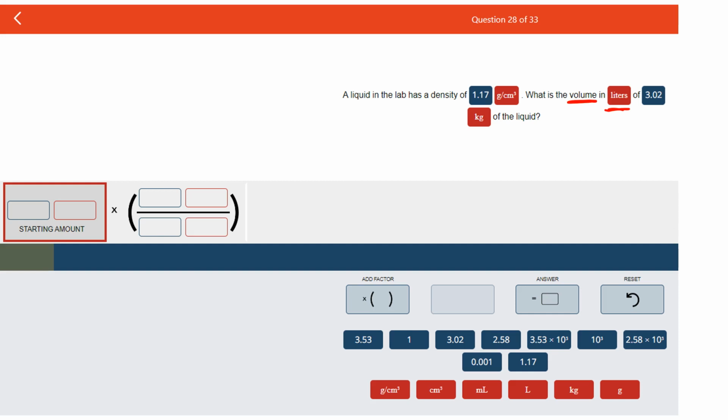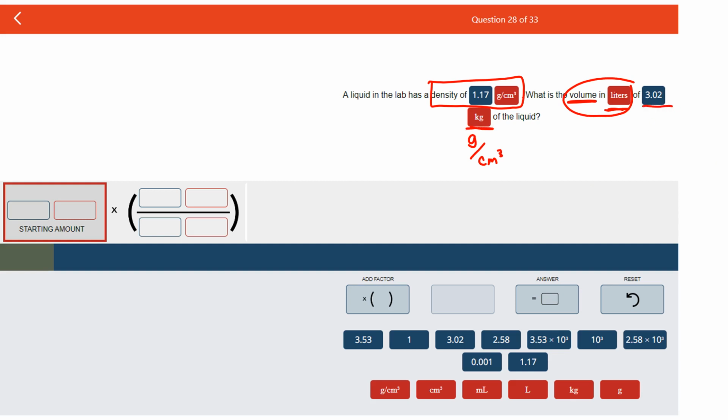So first thing that I'm going to notice is this is a density. My density is in grams per centimeters cubed. The volume they want me to get to is in liters, and the given is in kilograms.